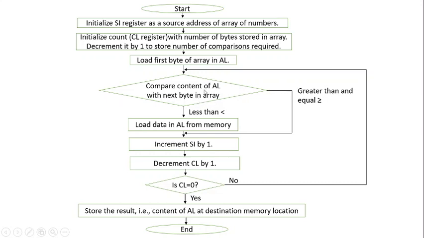Then we will compare the content of AL with the next byte in the array. If the content of AL is greater than the next byte, that means AL has the larger value, so we will directly go to this step.